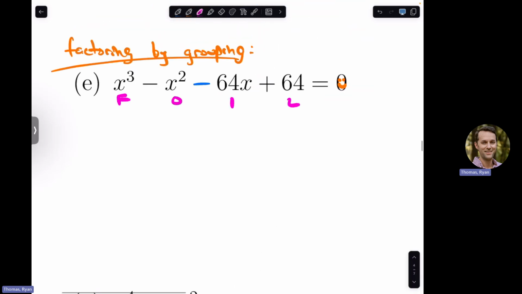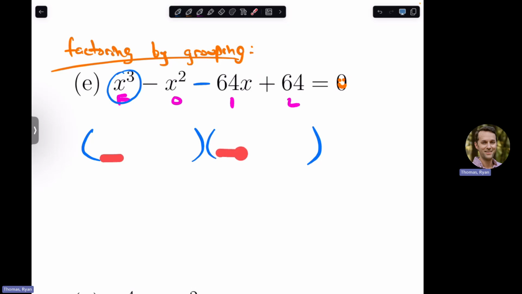And maybe I can just educated guess my way through what they're going to look like. To get x cubed, what can I put here and here? An x and an x squared. That would give me x cubed for the first part of that expansion. Let's roll with that and see if we can get somewhere.